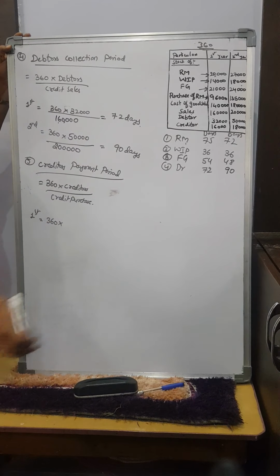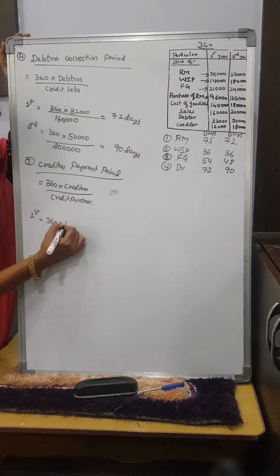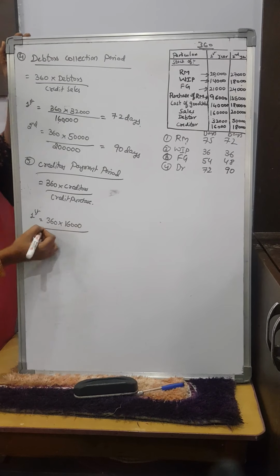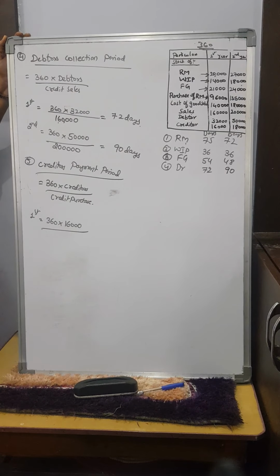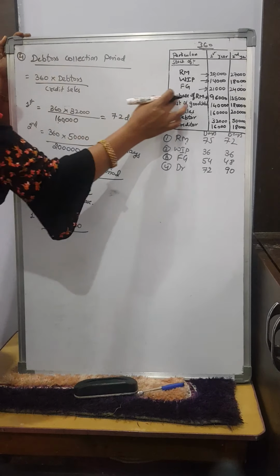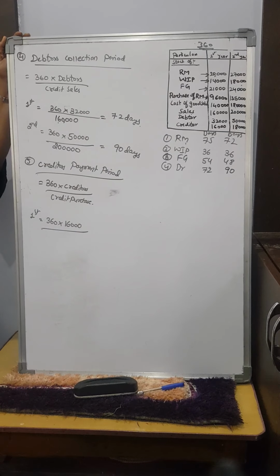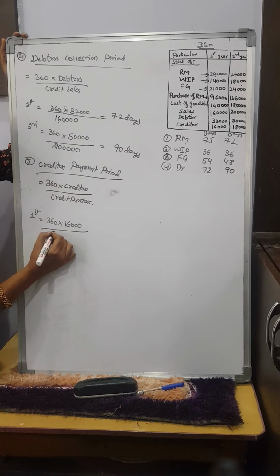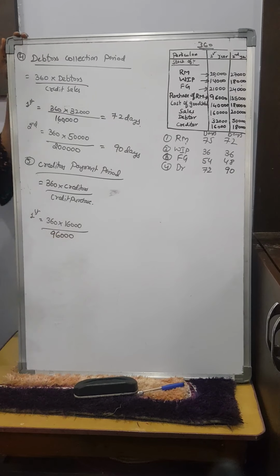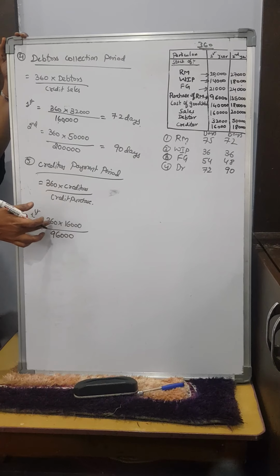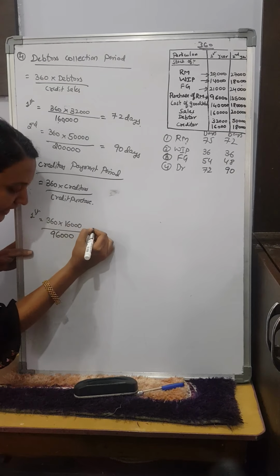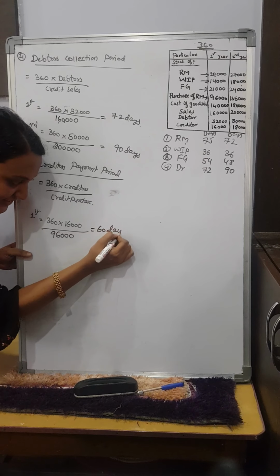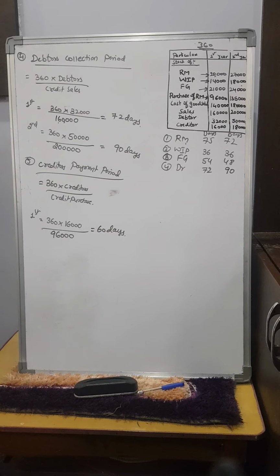Creditors it is given in the question, that is 16,000. Credit purchase is not given particularly, so entire purchase is credit purchase. So purchase of raw material we are taking, that is 96,000. If you substitute 360 into 16,000 divided by 96,000, you will be getting 60 days.